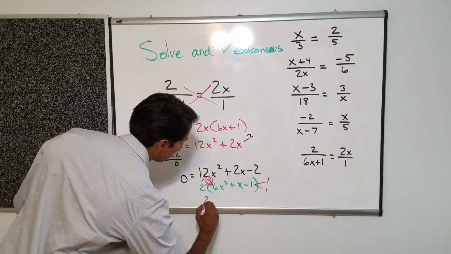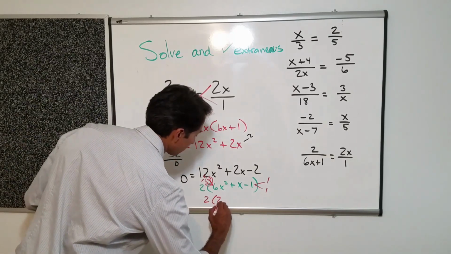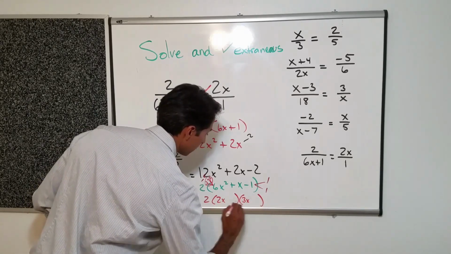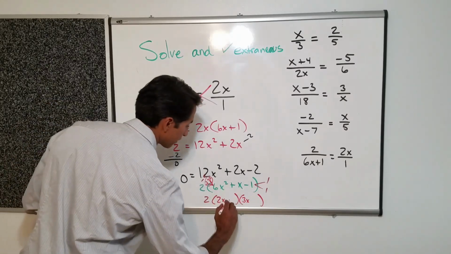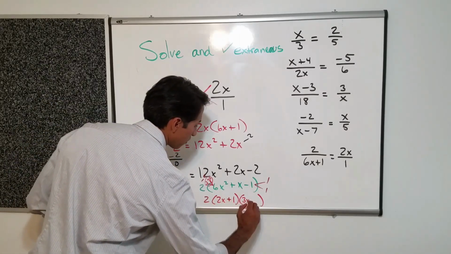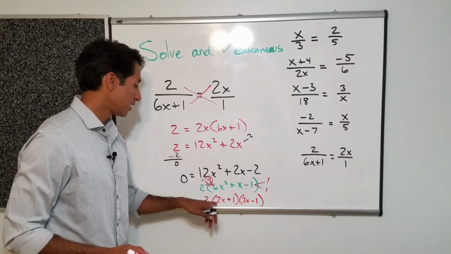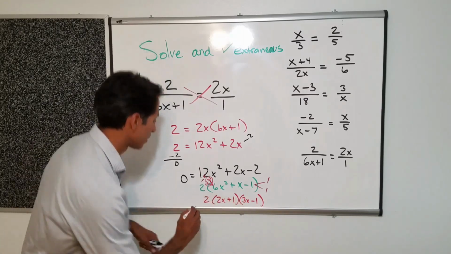So I have a 2x and a 3x, and it's a minus in the back. So it's a plus and a minus, and it's a positive. So it's plus 1 minus 1. Okay? So I have 2 times 2x plus 1 times 3x minus 1 equals 0.